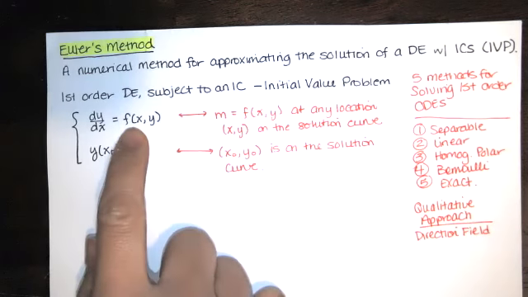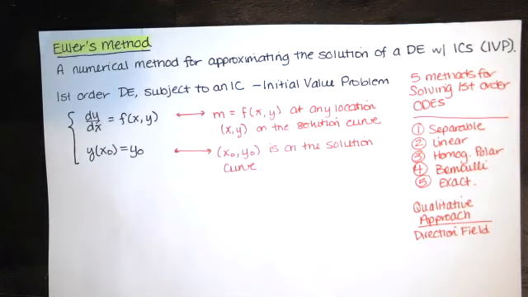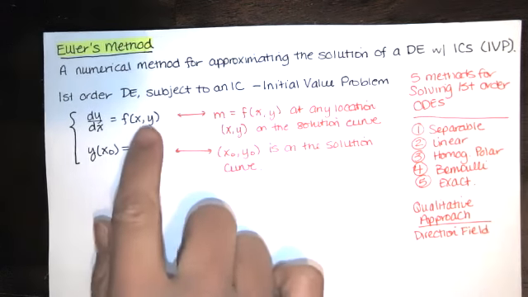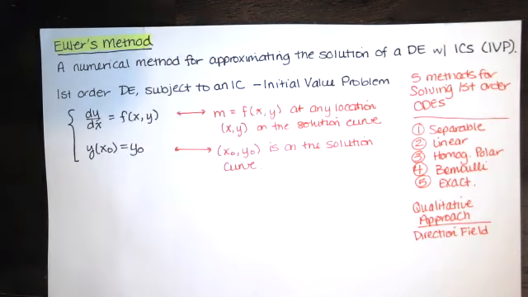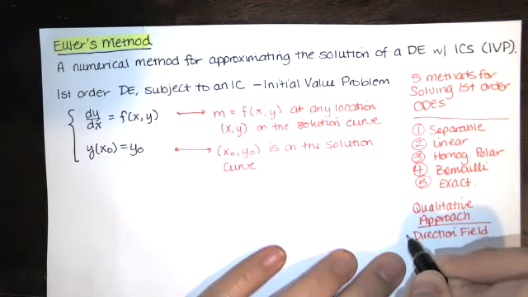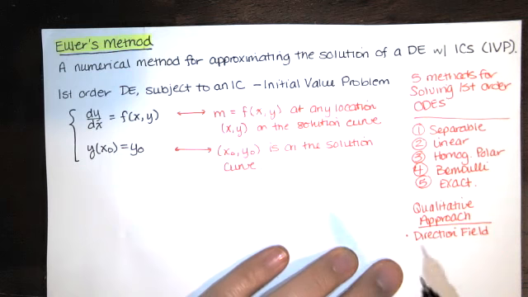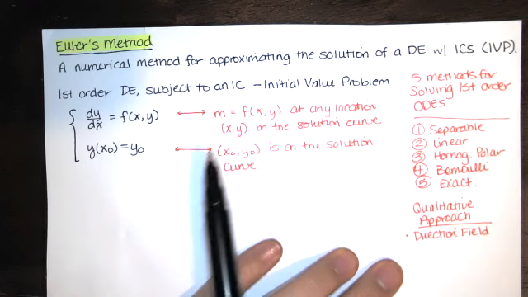This is giving me the slope at any point x, y that lies on the solution curve. If I know the slope at any point x, y that lies on the solution curve, I can graph what's called a direction field. So at every point x, y in some grid, I can draw a little line segment that has a slope given by this function.